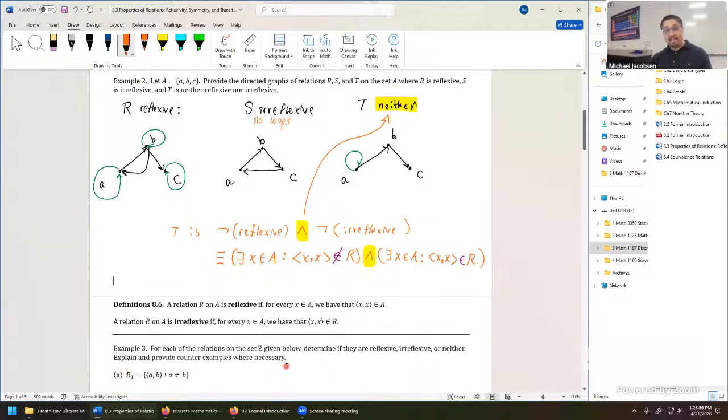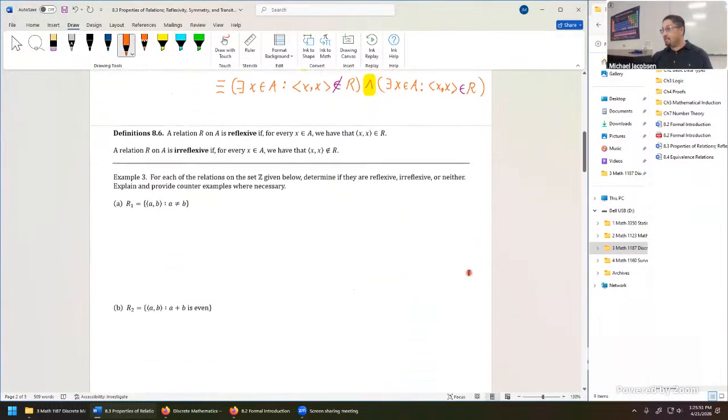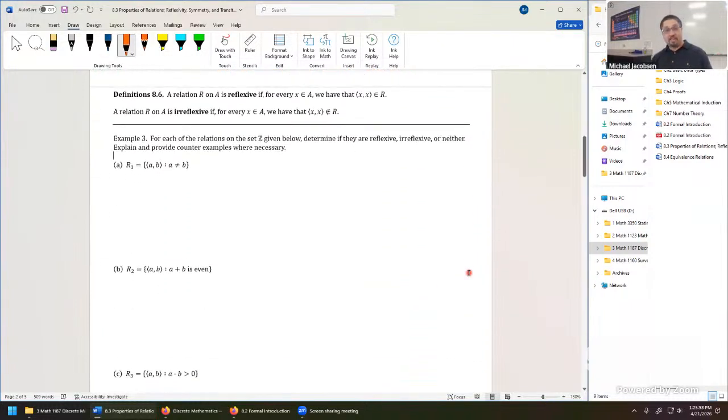We'll explain, provide counterexamples where necessary. And again, this is where the problems can be sometimes deceptively tricky. There are a lot to these definitions, especially if you want to visualize neither. Look how big the condition becomes in pure logic. So here's 3 random scenarios. We want to determine properties reflexive, irreflexive, or neither on every single one.